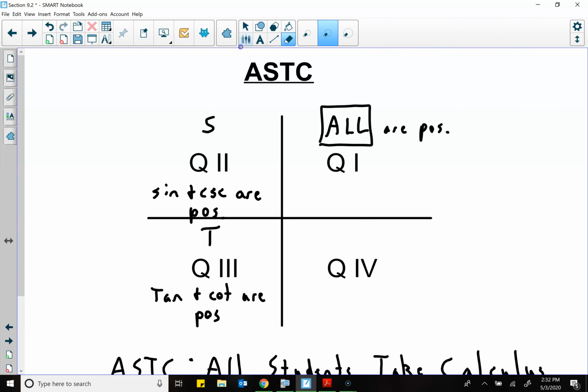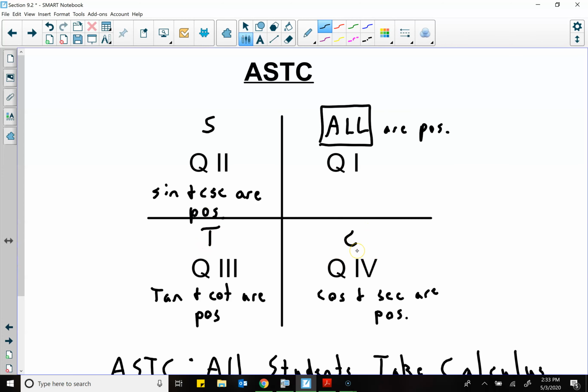And in quadrant 4, the C, which is calculus or chemistry, stands for cosine and its reciprocal, which is secant. They are the only ones positive in quadrant 4. So that ASTC stands for the positive trig values in their quadrants. So the big 3 are sine, tangent, and cosine.